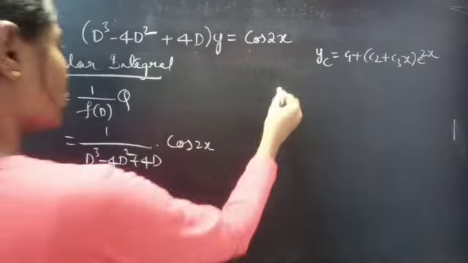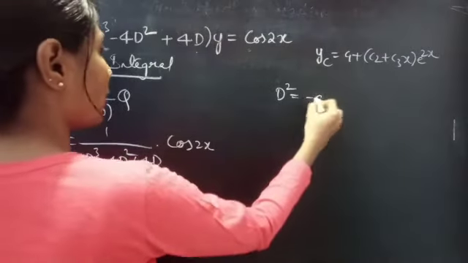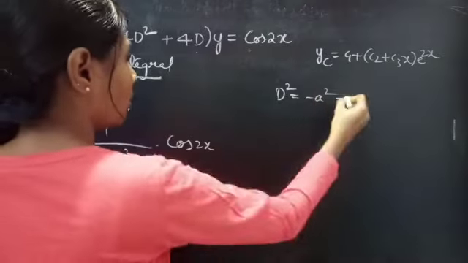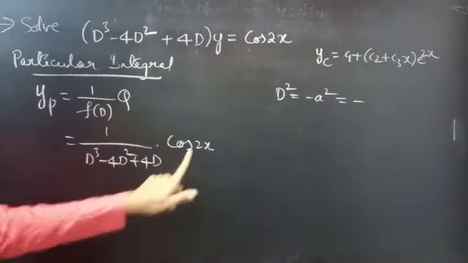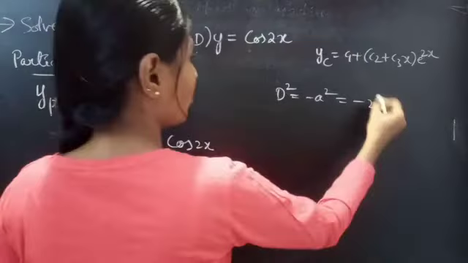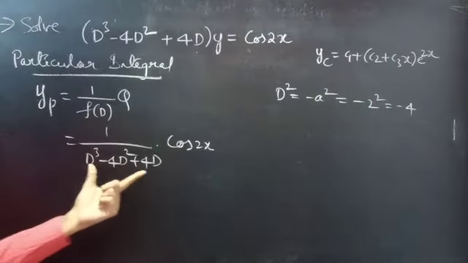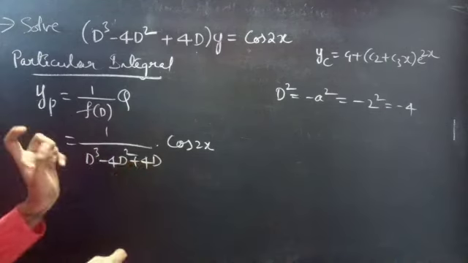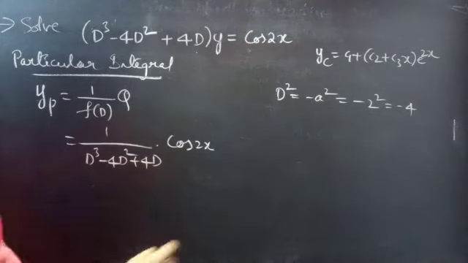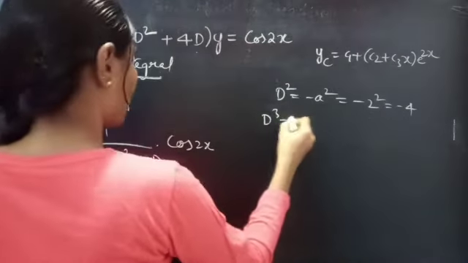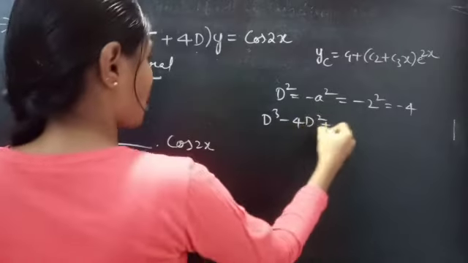So here D square is given by minus a square, which is a formula. We have a equals to 2, so we get minus 2 square equals minus 4. Now let's see what we get by replacing D square in the denominator. We have D cube minus 4D square plus 4D.